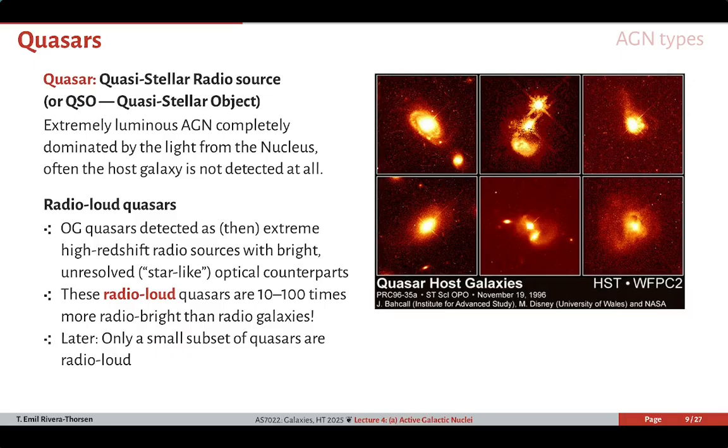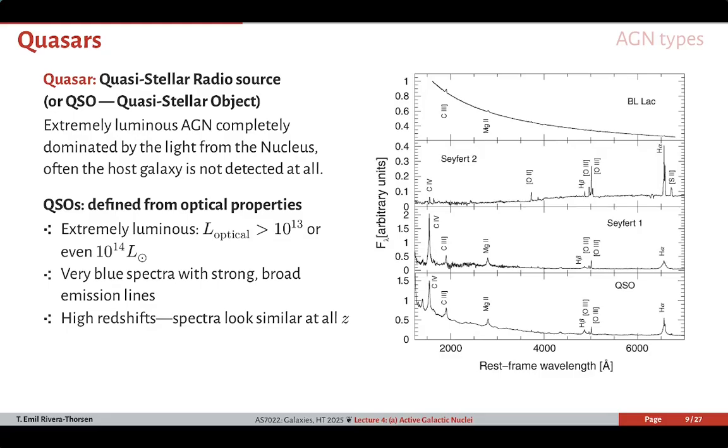So quasi-stellar radio source became a misnomer, and that gave rise to another subgroup of these objects, the QSOs. QSO stands for quasi-stellar object. It doesn't contain the abbreviation of the radio source. So QSOs are basically the same as quasars, except they don't emit in the radio.